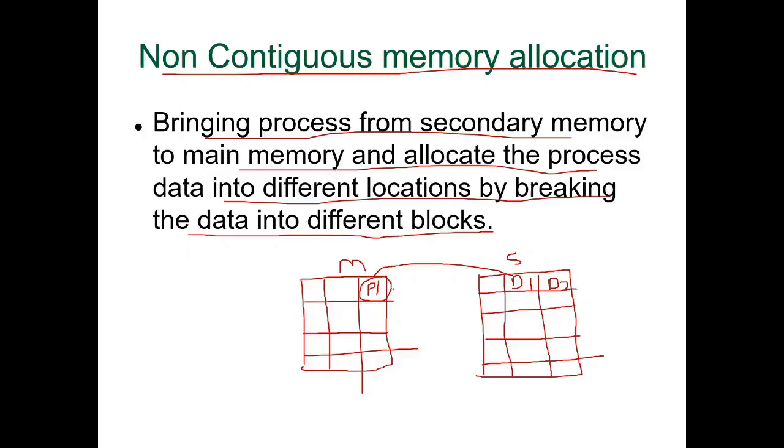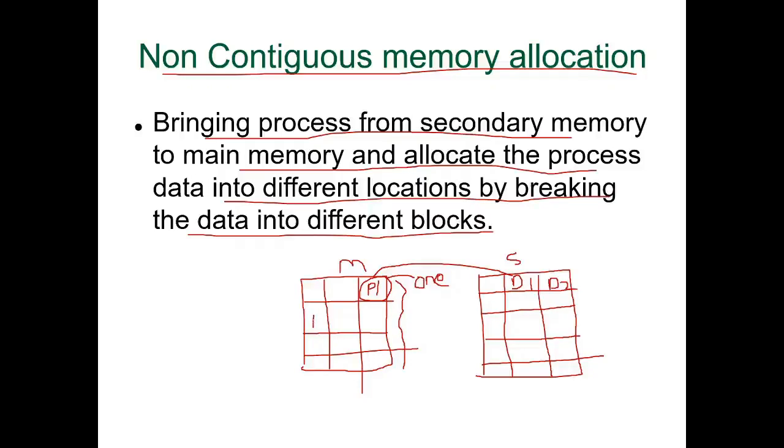In the main memory, at which location are you going to bring that process, where will it be stored and executed? In contiguous memory allocation, the process which you bring from secondary to main memory will be located at one place. That means all the data of that process will be placed at one location, the process will not be broken, and the data will be in contiguous form.